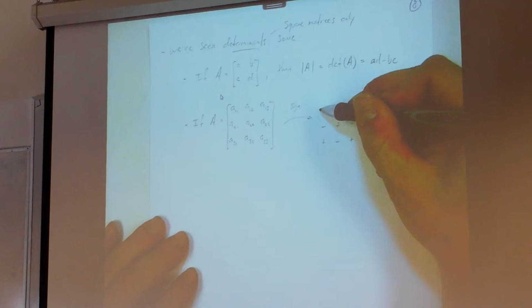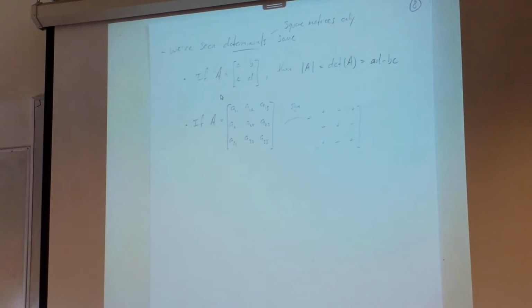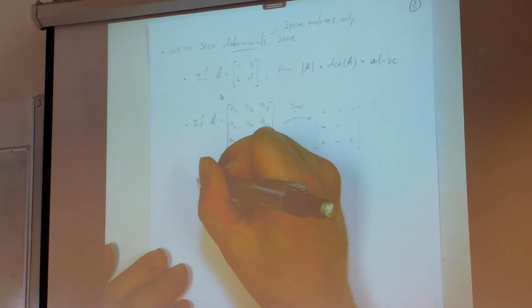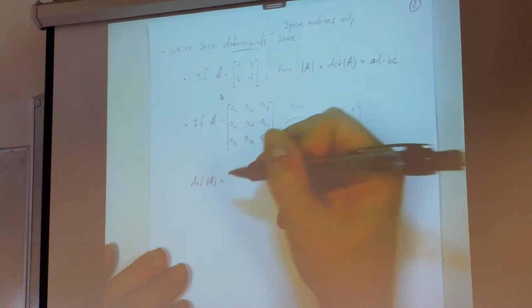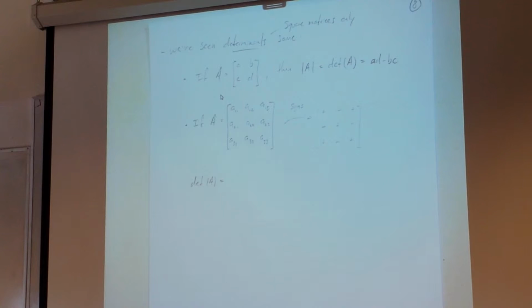Right? So we can find a determinant by expanding along a row or column. You can do this along any row or any column. I'll just do it across the first row.